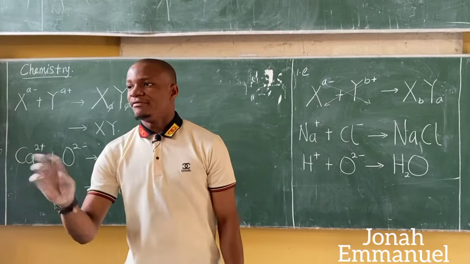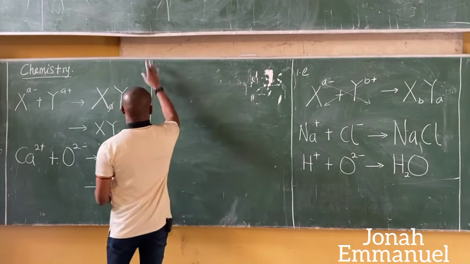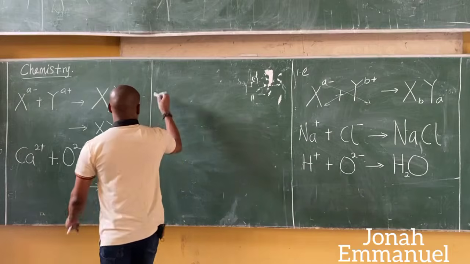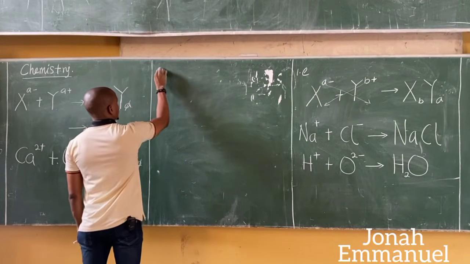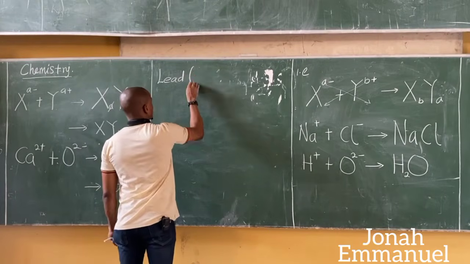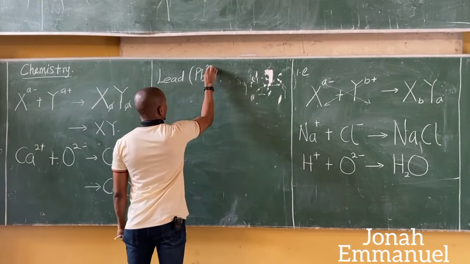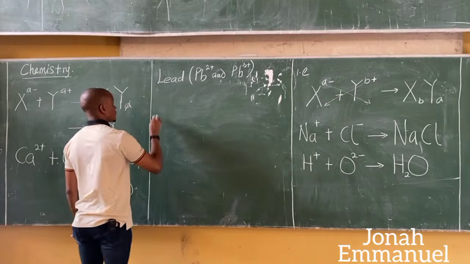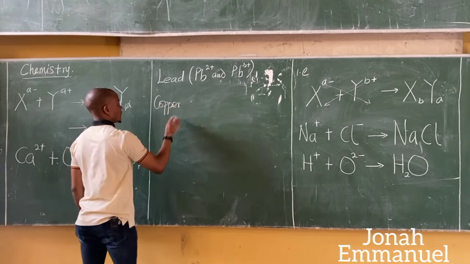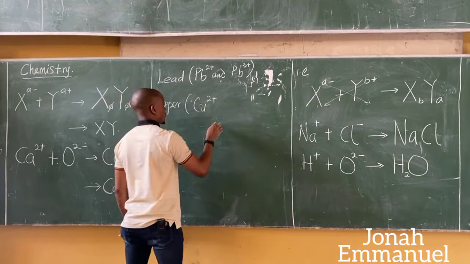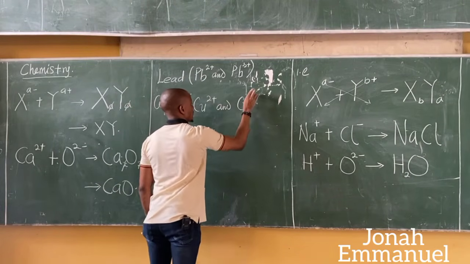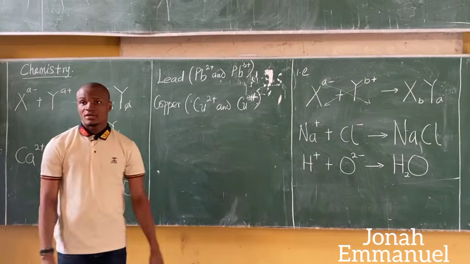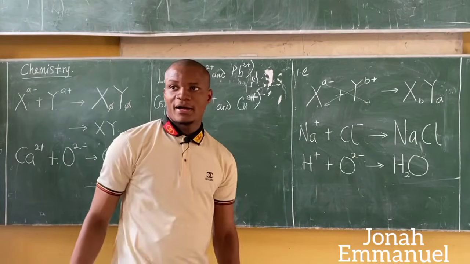Some compounds have varying oxidation numbers, such as lead, that is Pb, and copper, that's Cu.